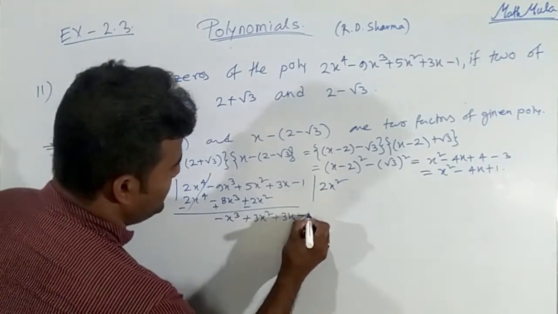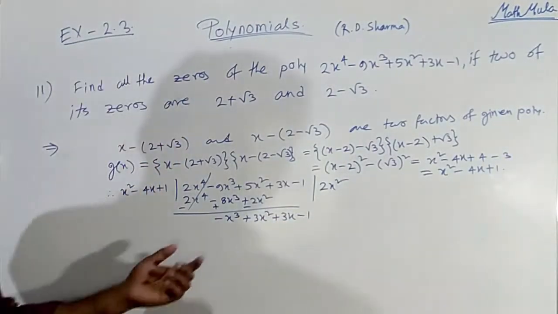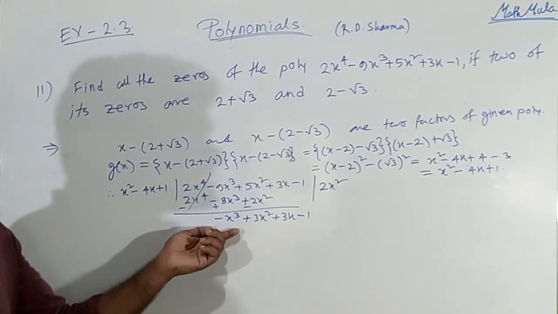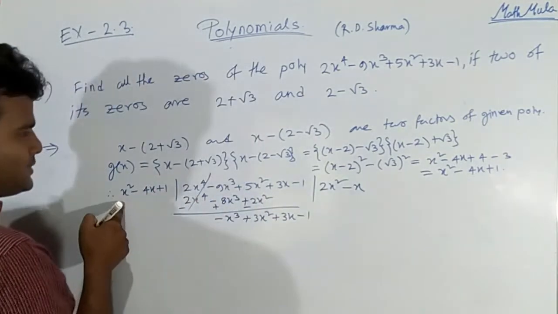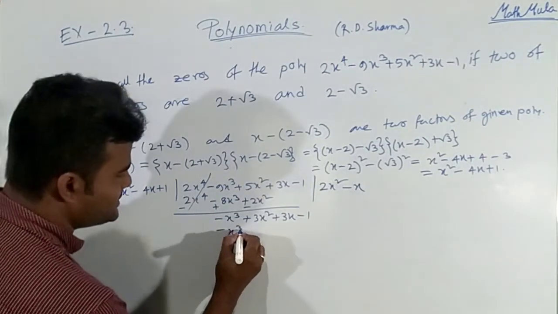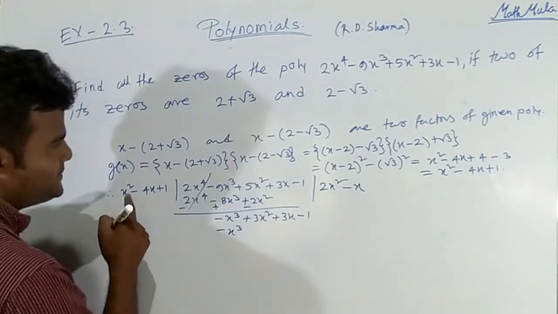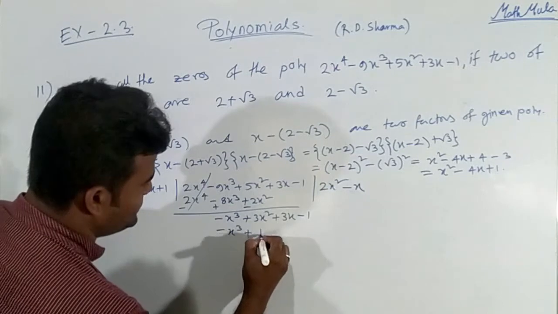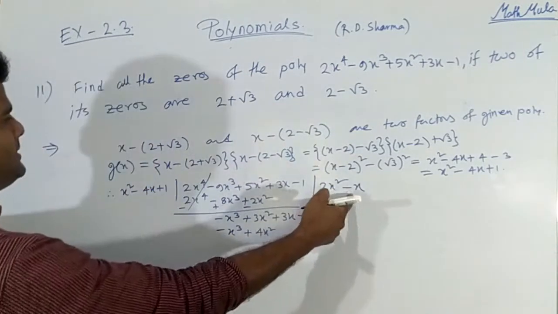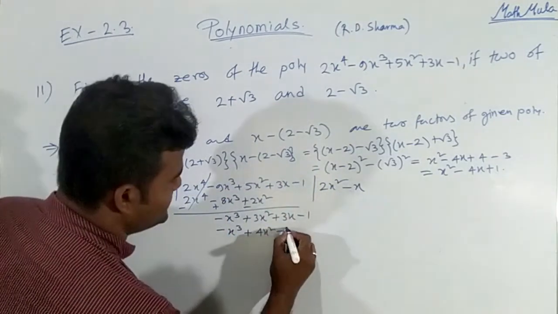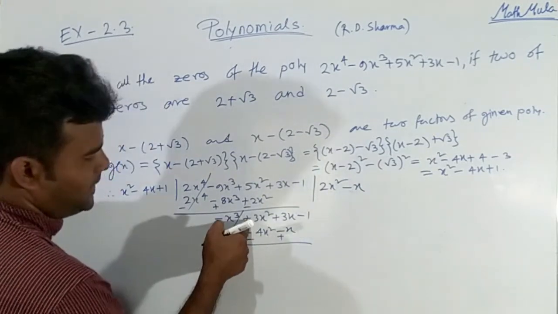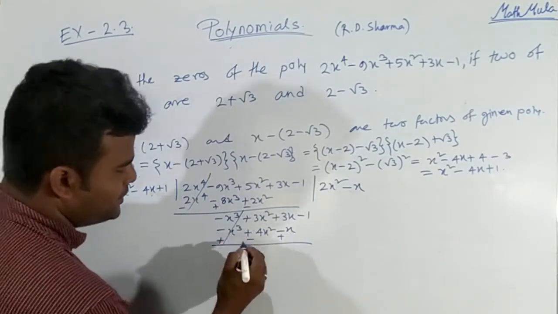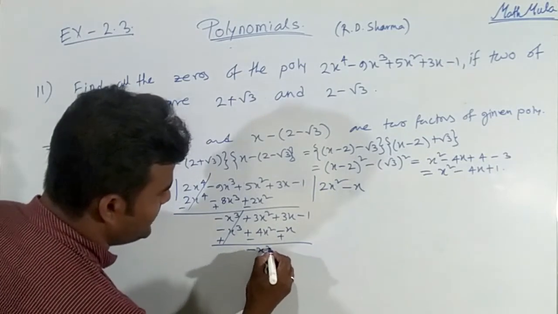Okay, now the first term is minus x^3, so we multiply the divisor by minus x. Minus x into x^2 is minus x^3, then minus minus plus 4x is plus 4x^2, then minus x. Now subtract it: the x^3 terms cancel, then plus 3 and minus 4 will be minus x^2.